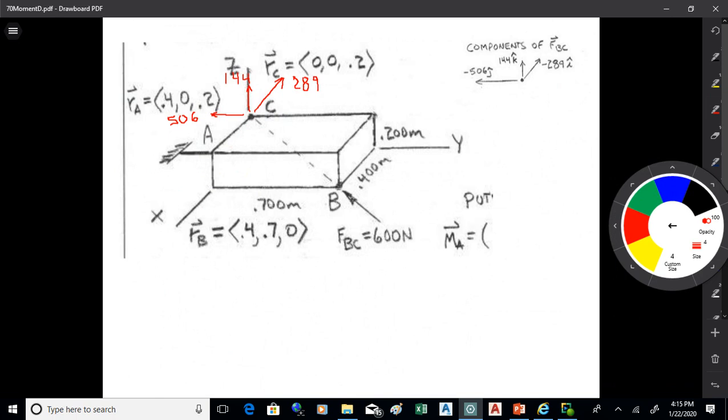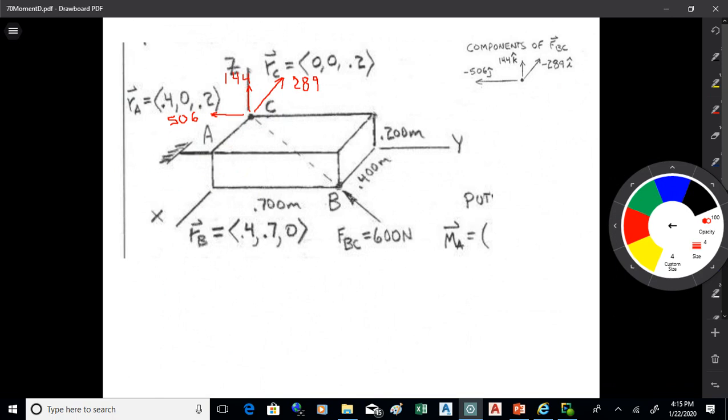So let's figure out how that causes a moment about A. All right, let's look at the 144. What does the 144 do about point A?